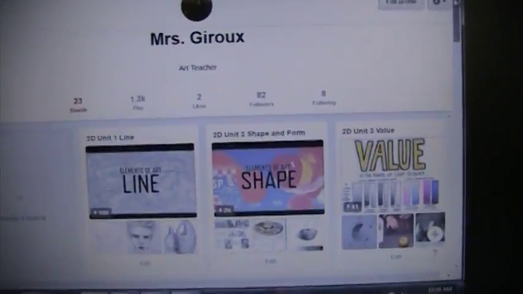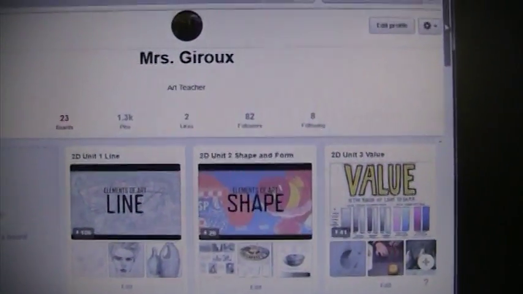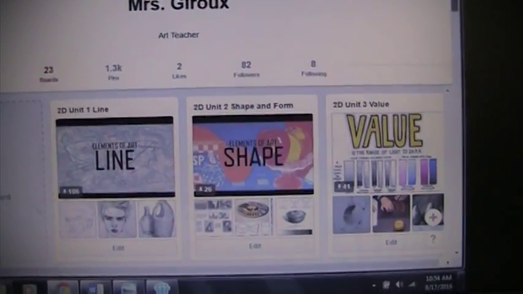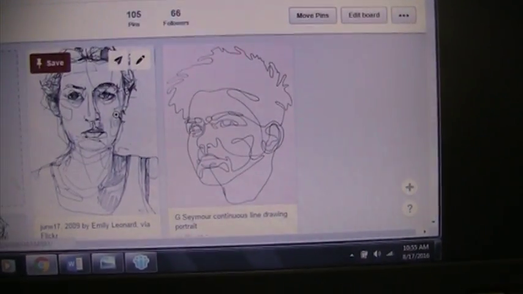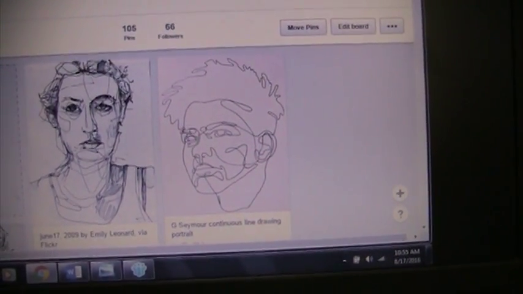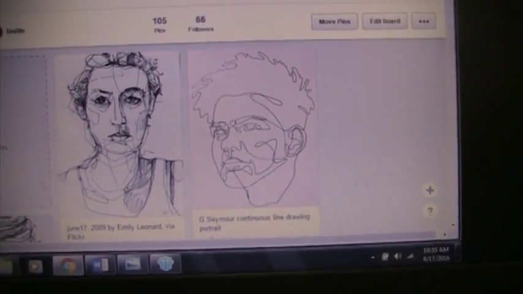Once you click on the unit, these should be the first ones.